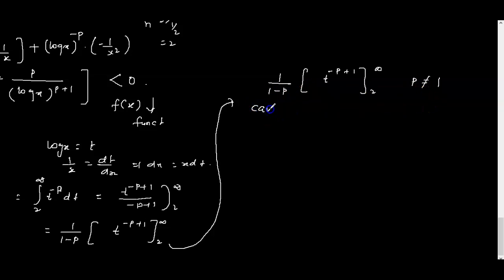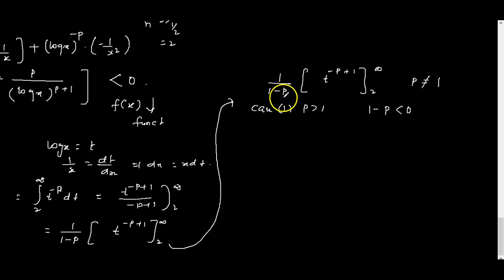So what will be the case here? The case may be p greater than 1. p greater than 1 means 1 minus p is less than 0, because the p value is greater than 1. So it will give a negative value only.